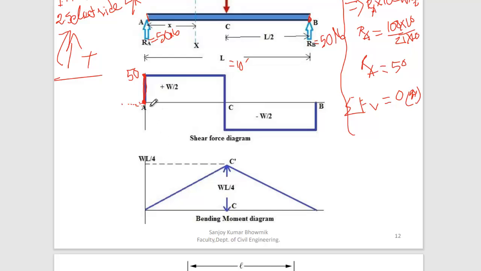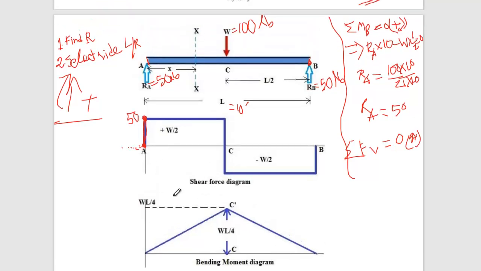Okay. So now where are we? At point 50, which is positive shear. Clear up to this? Clear, sir. Okay. So after point A, we develop shear 50, and then till W, wherever you take the section on the beam, you will find the shear force is 50.